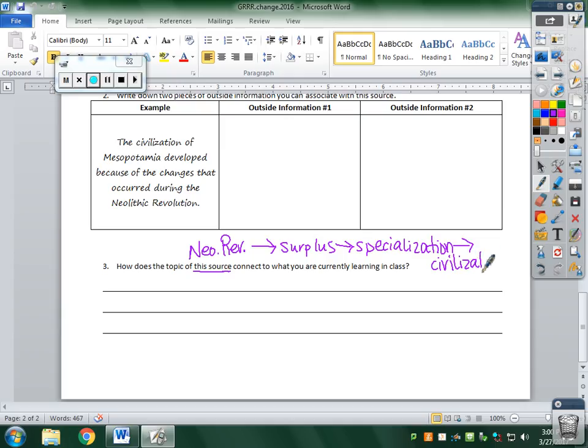So we also know that job specialization leads to new technology. So if you're in a unit where you're studying specific new technologies, okay, you can name one of those technologies. All right, the other thing that you can do, so you can connect it by saying that the Neolithic Revolution led to a surplus to specialization to new technology, and give an example of that technology.